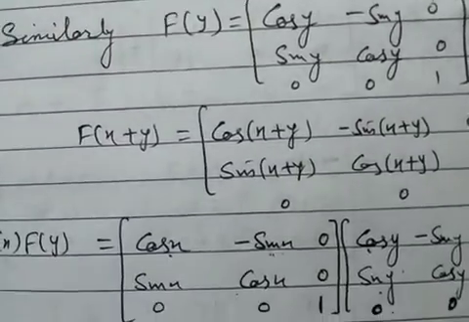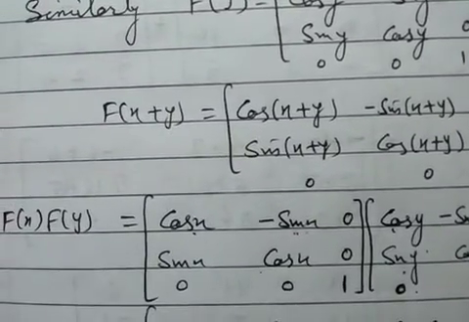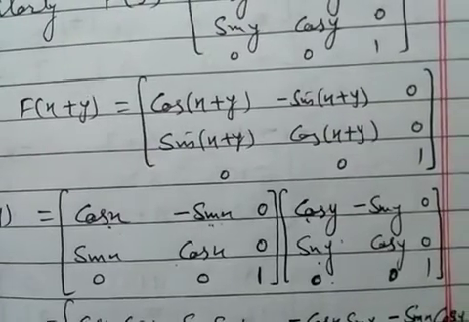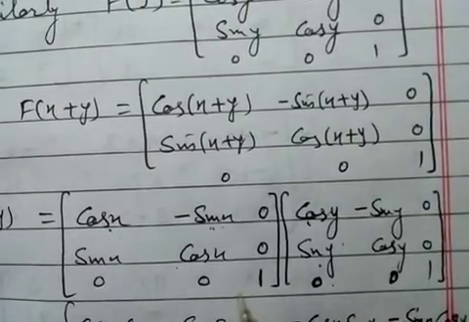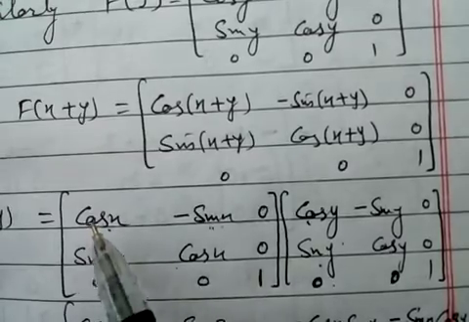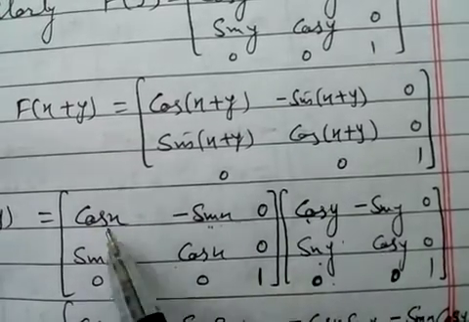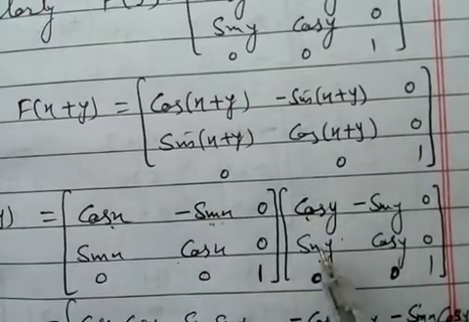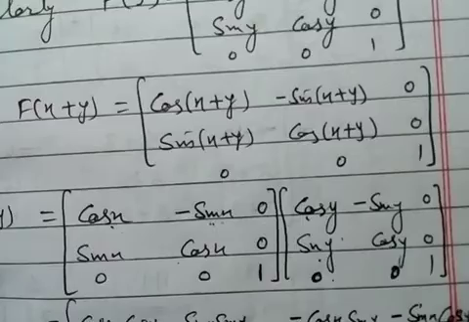Now first of all, we write fx into fy, which means we have to multiply the two matrices fx and fy. We know that these two matrices are of the same order, so we multiply row with column. Cos x multiplied by cos y plus minus sin x into sin y plus 0 into 0.